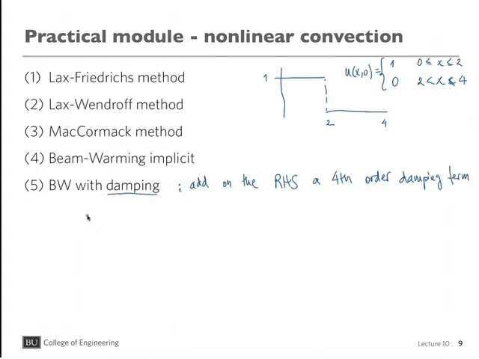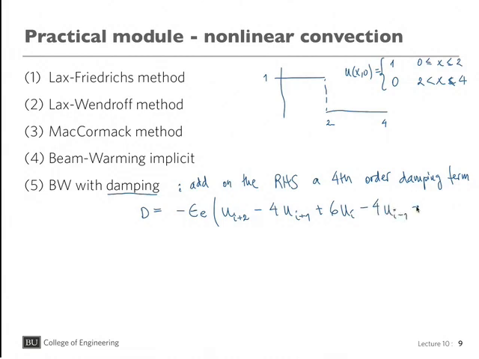Which looks like this. D equals minus epsilon, this is a coefficient, and our difference equation is u at i plus 2 minus 4u at i plus 1 plus 6u at i minus 4u at i minus 1.